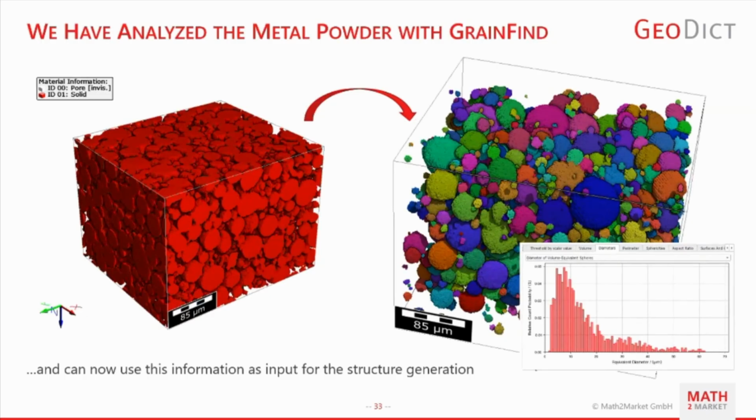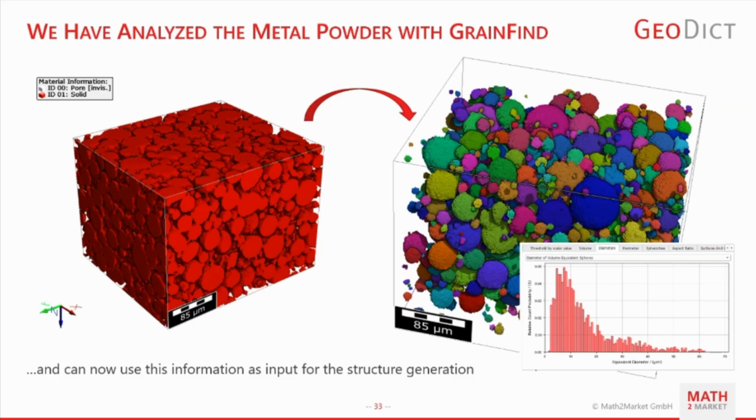So coming back to this metal powder example that we analyzed first with GrainFind, we analyzed it, we got the grain size distribution, and we can now use this information as input for the structure generation.